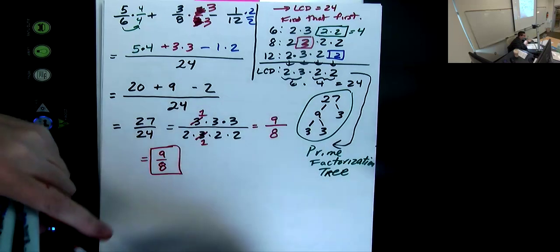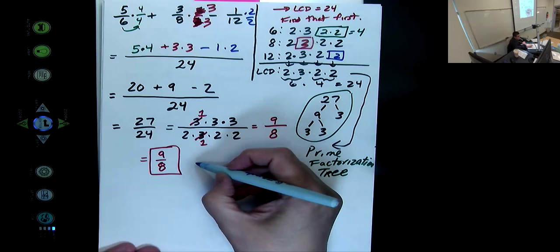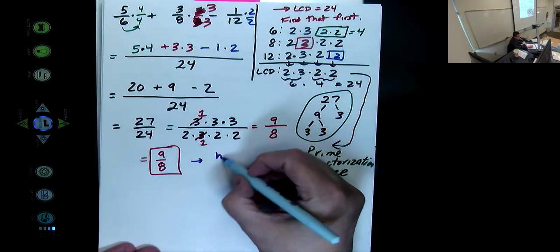I'm frequently fine if you leave it like that. I don't know if the homework's going to demand you to do something different. So they may ask you to write it as a mixed number. What you want to do is see how many times 8 goes into 9.